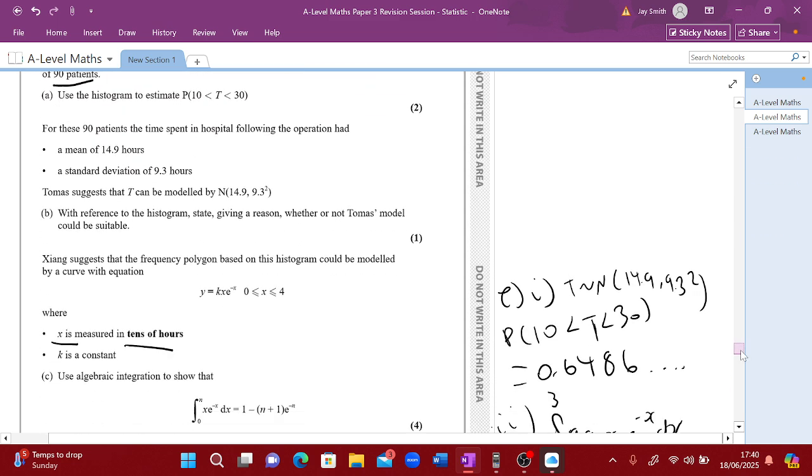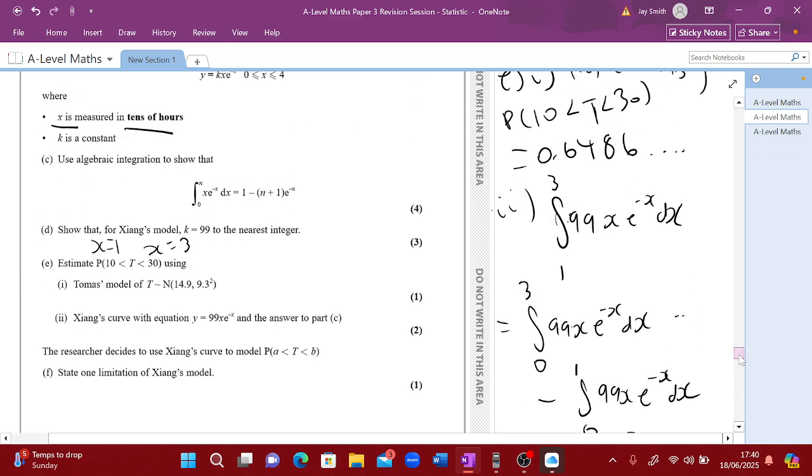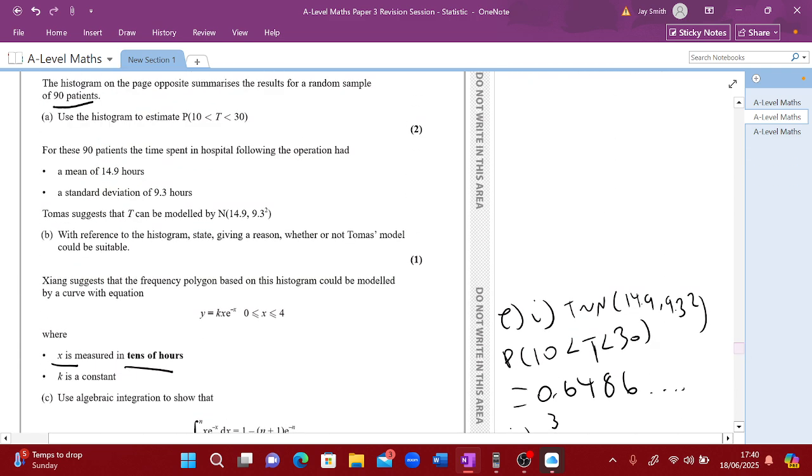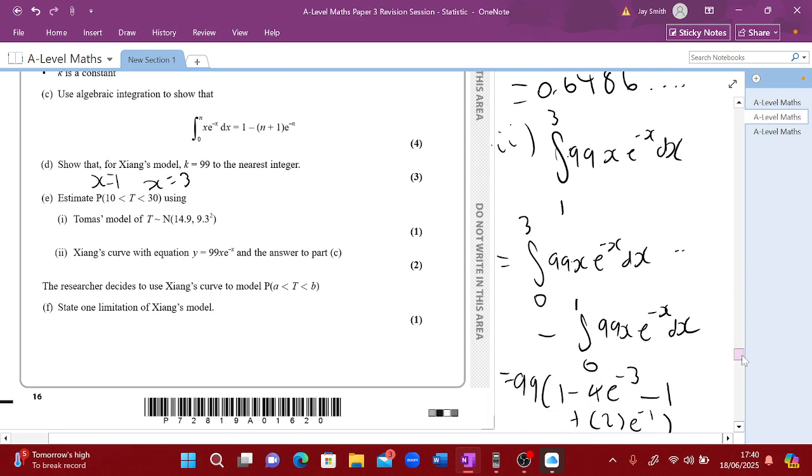And remember, the 4 corresponds to people who wait more than 10 hours. So what we're saying essentially is you cannot extrapolate the model for values larger than 4. So values when patients spend longer than 40 hours, sorry, the time spent in the hospital in the operation. So you cannot extrapolate it, essentially.